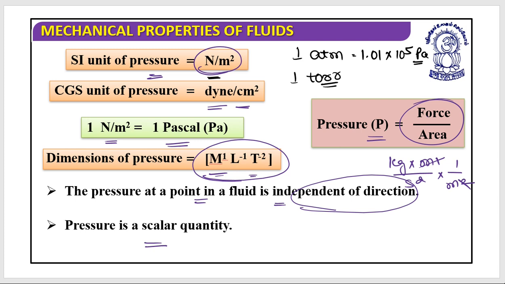Next, centimeter or millimeter of mercury, Hg. One more is the bar. These are all the units of pressure that we use conventionally, and Newton per meter square or Pascal is the SI unit. Great.